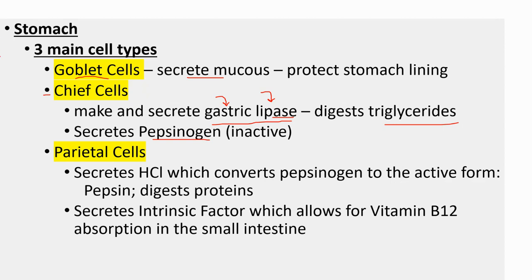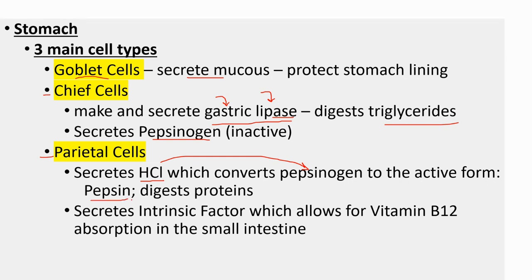Parietal cells secrete the hydrochloric acid. That's what HCl stands for, hydrochloric acid. That's an H, a C, and a lowercase l. And it's going to then take that pepsinogen, which was secreted by the chief cells, and activate it. So the presence of hydrochloric acid activates the pepsinogen. And then that's going to turn into pepsin.